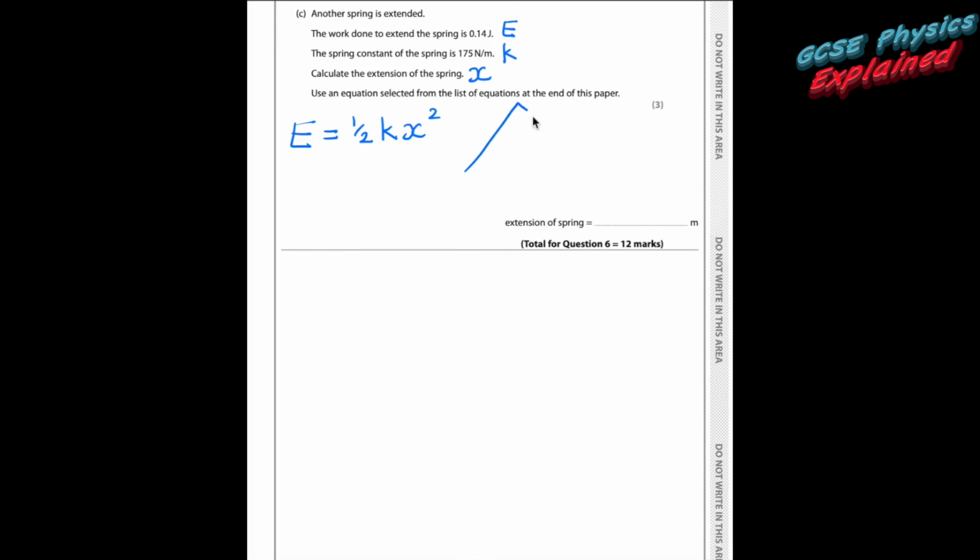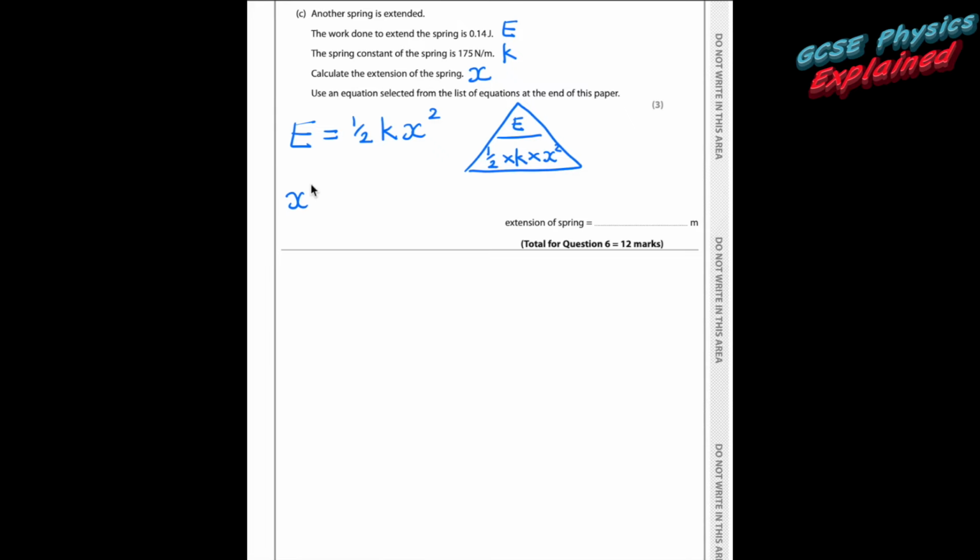If we pop that in a magic triangle, we just need to modify the triangle because we need 3 things on the bottom. So that would be 1/2 times K times X squared, and that's going to equal E. So we want extension.